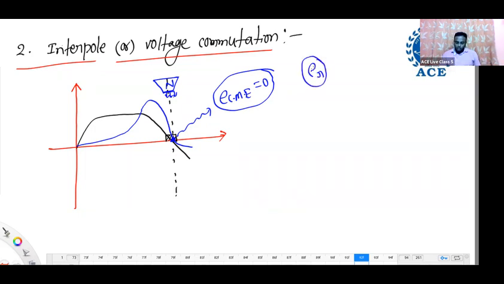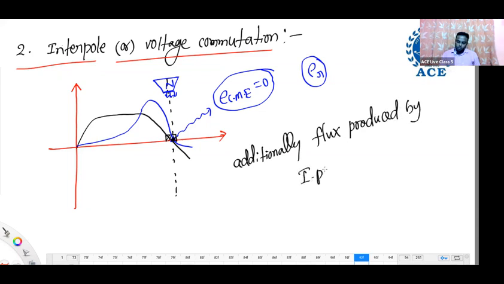Additionally, the interpoles produce some more flux, approximately 20 to 30%. If the armature flux is coming downward, the interpole flux is opposite.